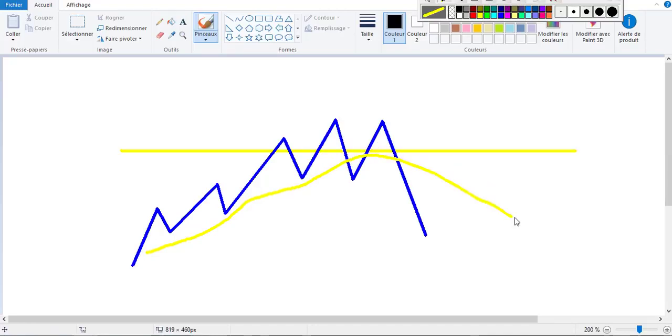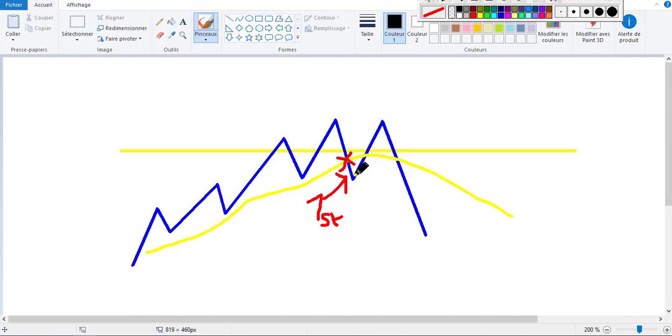To confirm the first leg, we want to see the price breaking the 13 EMA and closing below it, if it's an uptrend like that, to play for a sell. And this will confirm that this is our first leg here.